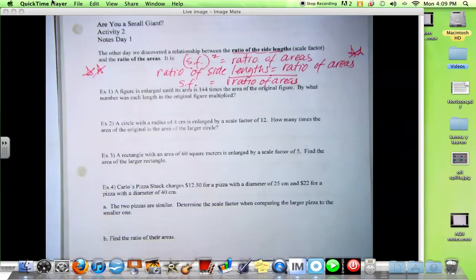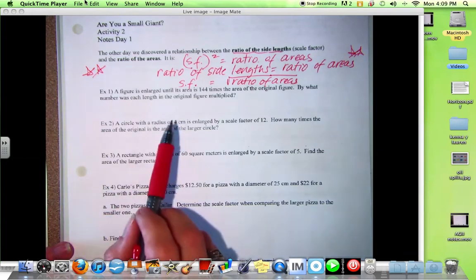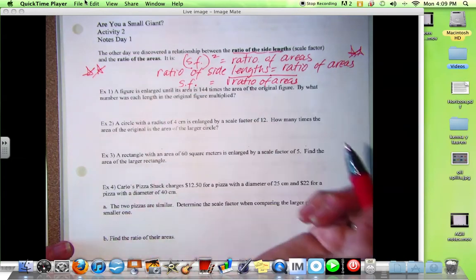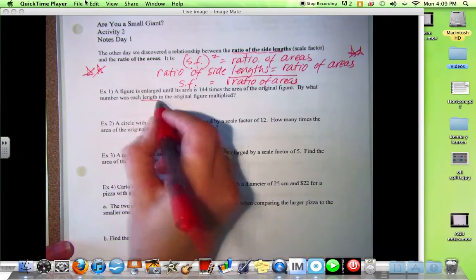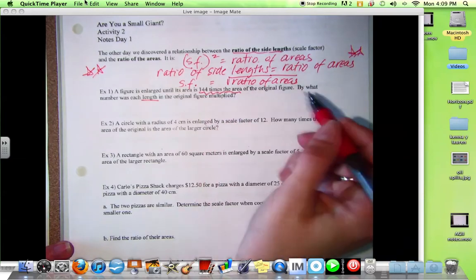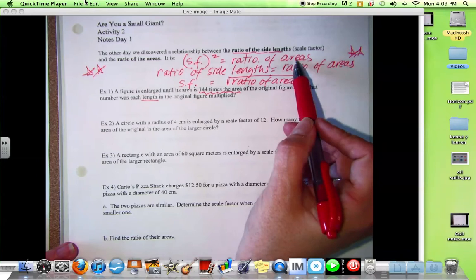A figure is enlarged until its area is 144 times the area of the original figure. By what number was each length in the original figure multiplied? So we have to look at what we are being asked to find. We're looking for the length. We are given 144 times the area, so we are given the ratio of the areas.